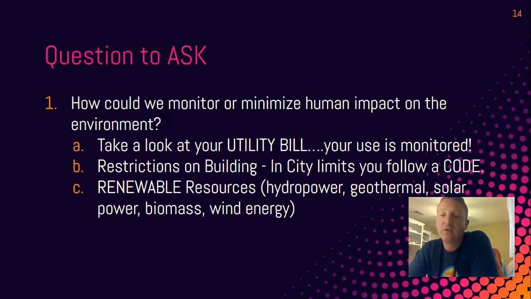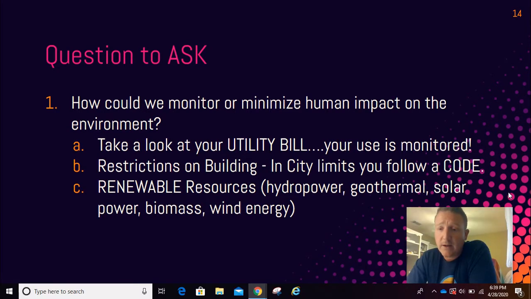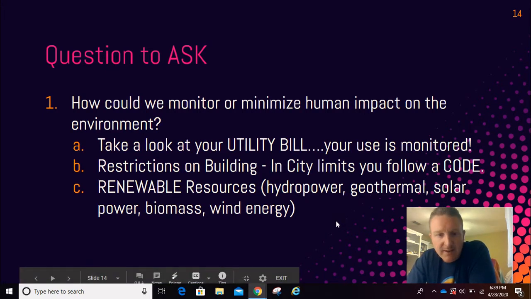Because if it's somebody's fresh water and there's already a shortage, you're not going to be able to. Geothermal, Hot Springs is known for this. They have a geothermal plant. They use the hot water to turn the turbines and to generate electricity, a renewable resource, to replenish very quickly. Solar power, it's the sun. It's not going to run out.